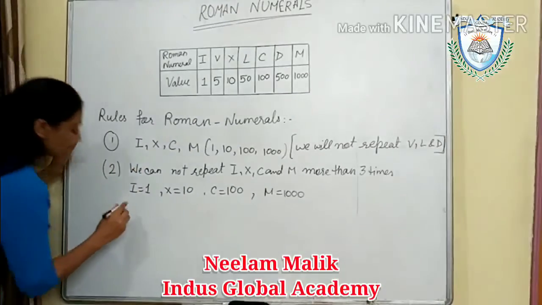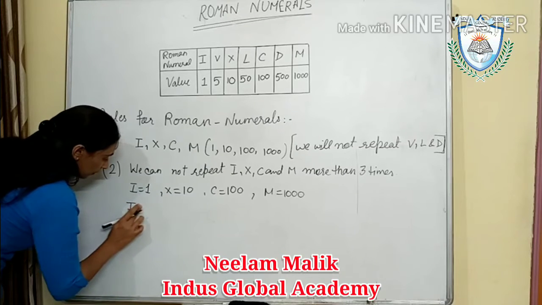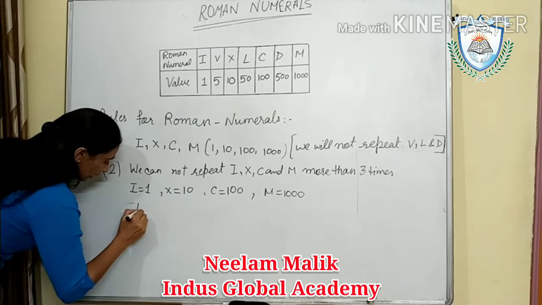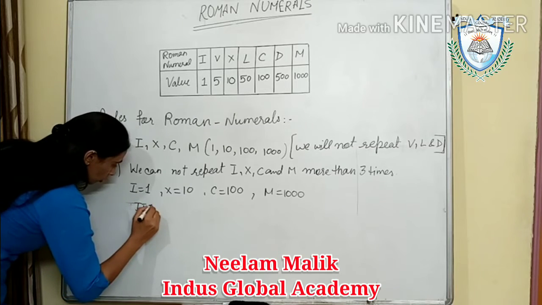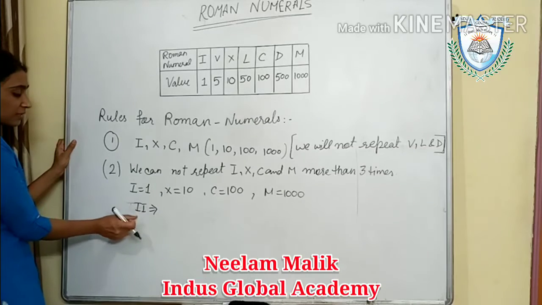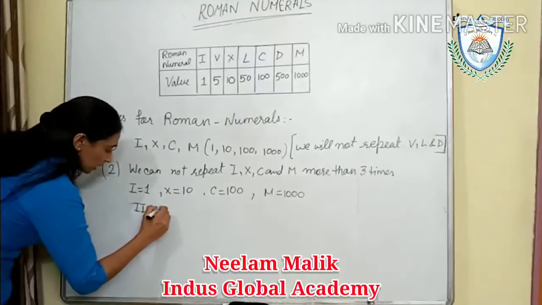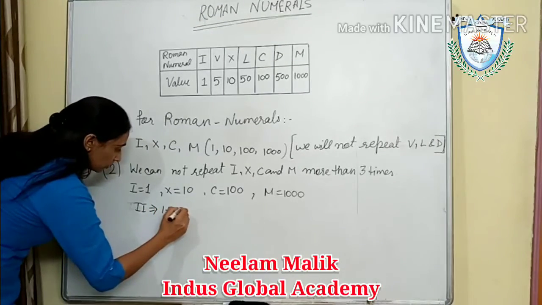Suppose I am writing I 2 times. When we are repeating these letters, their value will be added. What is the value of I? 1. So that means 1 plus 1, that will be 2.